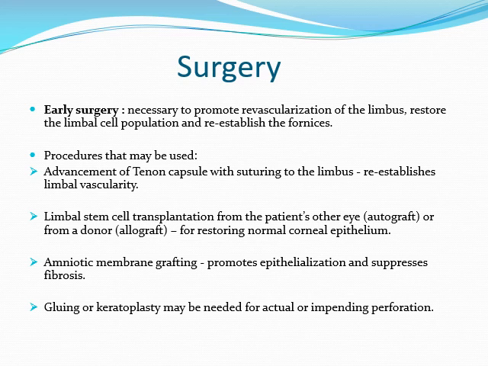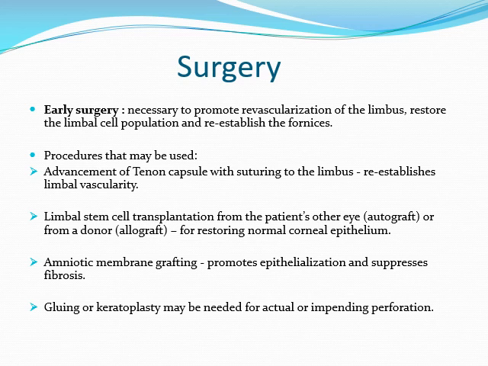If both eyes are involved, they are to be taken from a donor, that is known as allograft. So limbal stem cell transplant is an important surgical treatment of chemical injuries because they help in restoring normal corneal epithelium, because diseased stem cells are replaced by the new healthy stem cells, which stimulate the regeneration of the normal corneal epithelium.